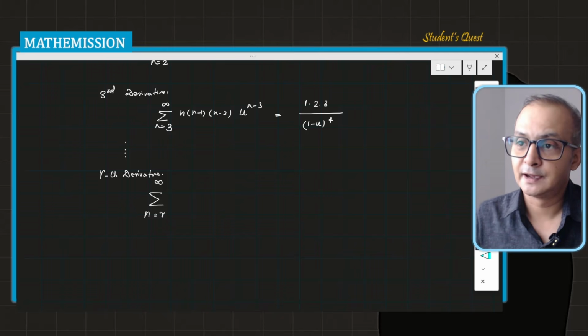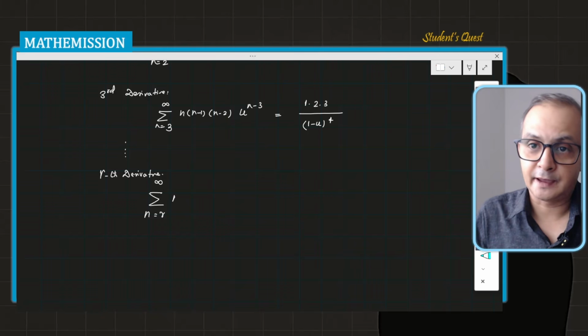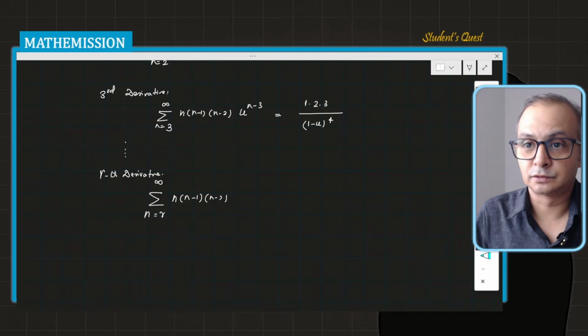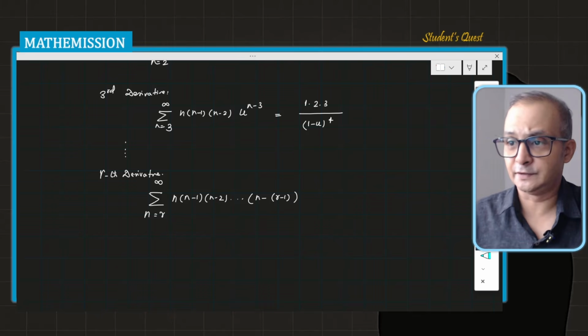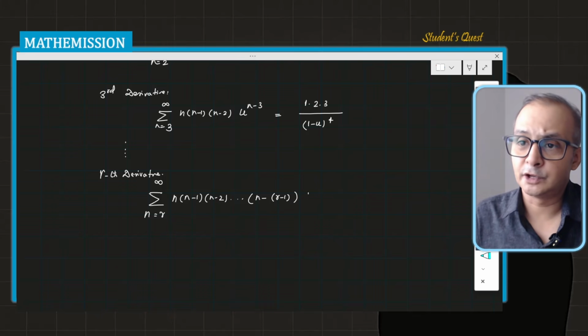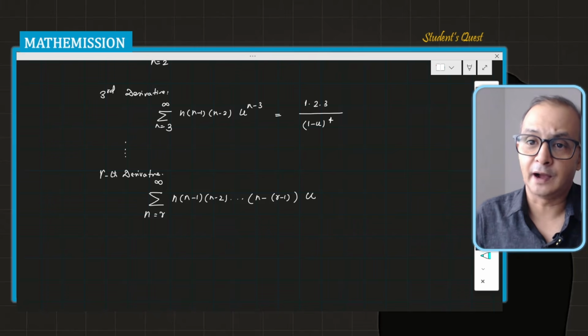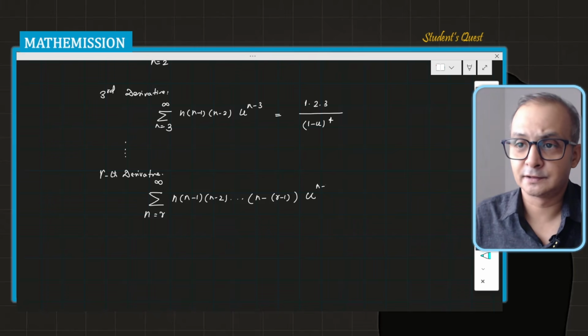It means I can write here n minus 1, n minus 2, till n minus r minus 1, because this is the rth derivative. And here the u to the power, the same r there, so n minus r.